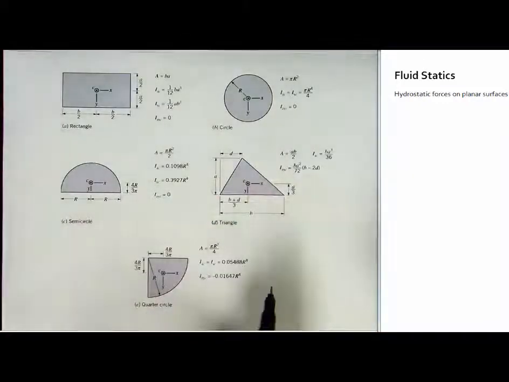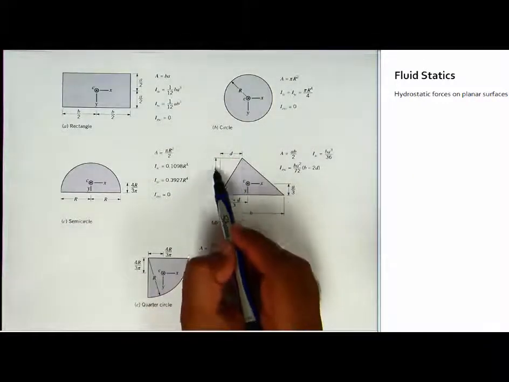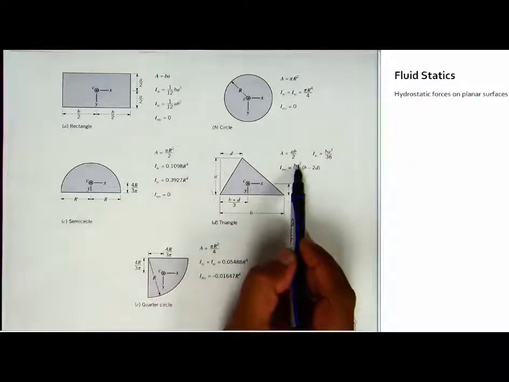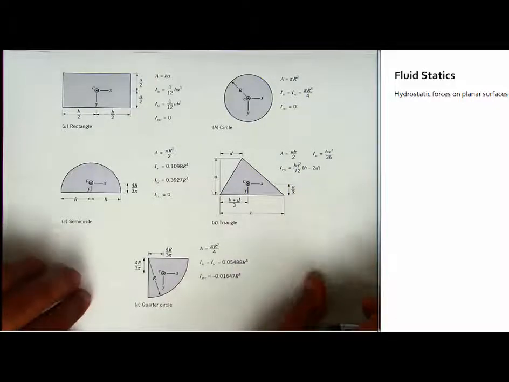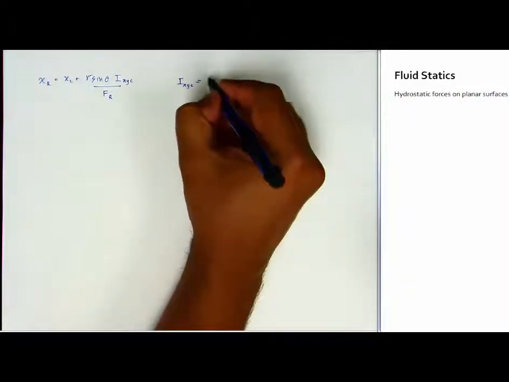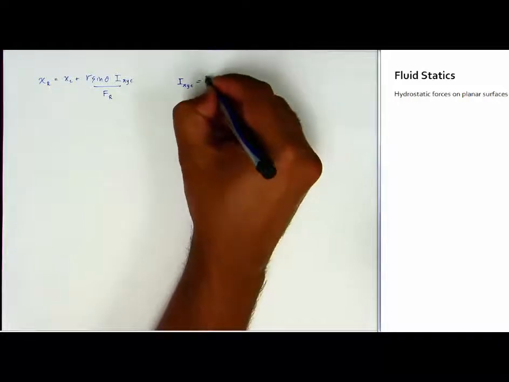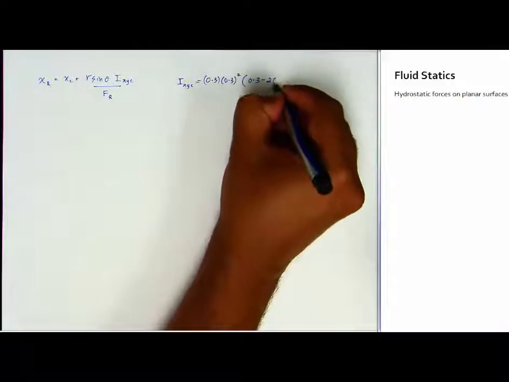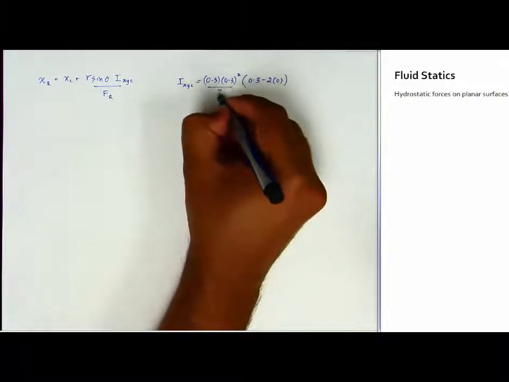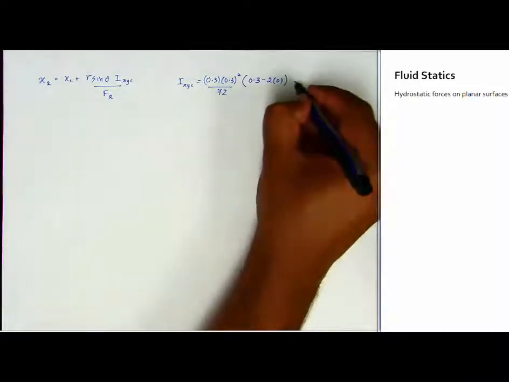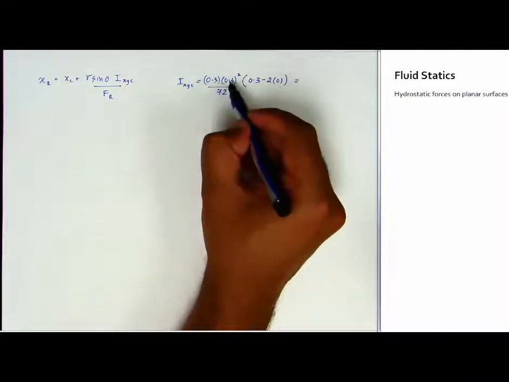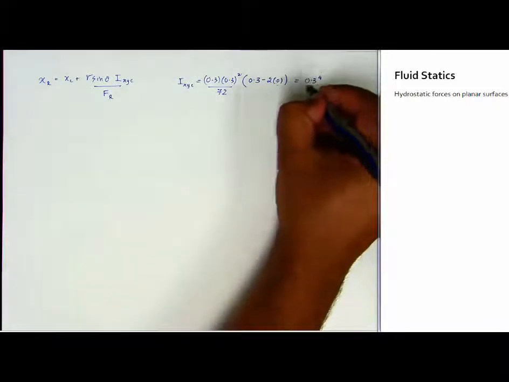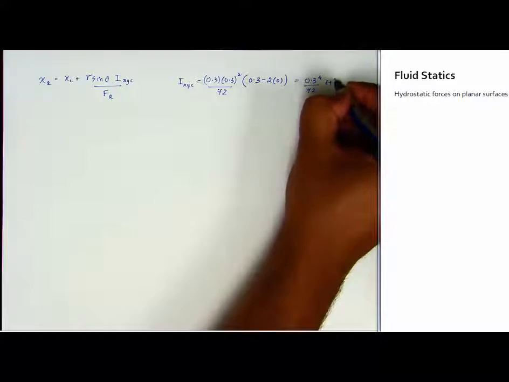Here A is 0.3, B is 0.3, and D is 0. So our IXYC will be 0.3 times 0.3 square, that is BA square, times B minus 2D, D is 0, divided by 72. That's nothing but 0.3 cube times 0.3. This goes away, so that's nothing but 0.3 raised to 4 by 72. Again, this is feet raised to 4.